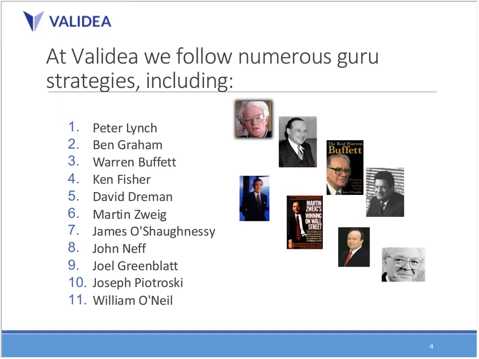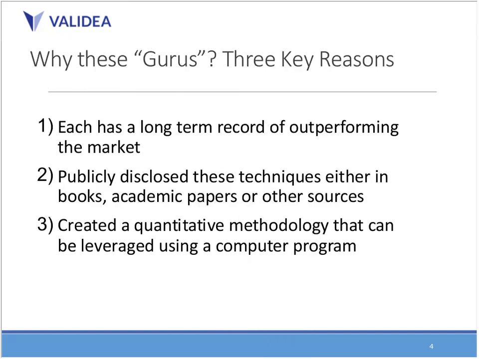And he came up with a number of criteria that could reduce the probability that a company would fail. And finally, William O'Neil, the founder of Investor's Business Daily and author of the CANSLIM system for momentum investing.